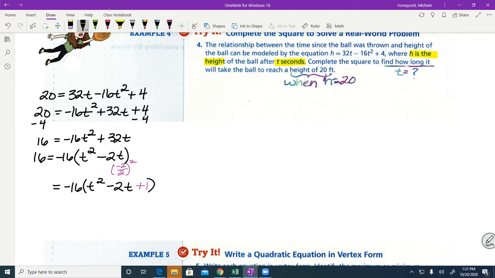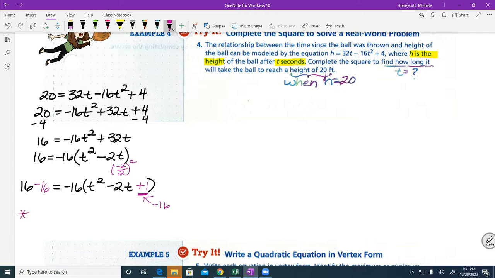And then I'll bring down this 16 right there. But on the left side, I need to figure out what I'm adding. If I add a positive 1, and you distribute the negative 16 times positive 1, I'm really adding a negative 16. So on the left side, I need to add negative 16.